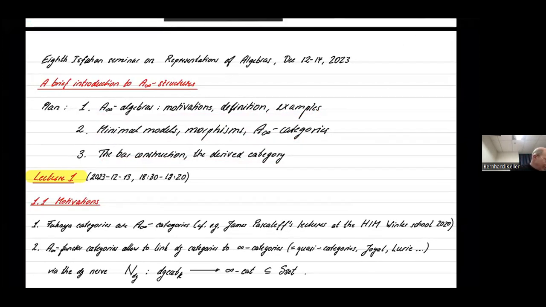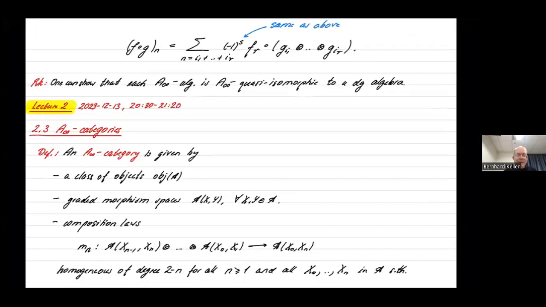So let me jump to the second part. Yes, so the notion of A-infinity category is the multi-object version of an A-infinity algebra. An A-infinity category is given, first of all, by a class of objects.